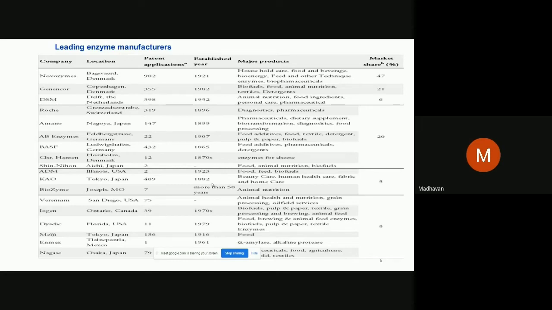That is why in countries like India, for many of the technologies based on enzymes, we are not able to make a cost-effective process, because most of the time we need to use enzymes from these companies. Then there are Genencor, DSM, Roche, and BASF. These are a few multinational companies which have a monopoly on most of these enzymes.